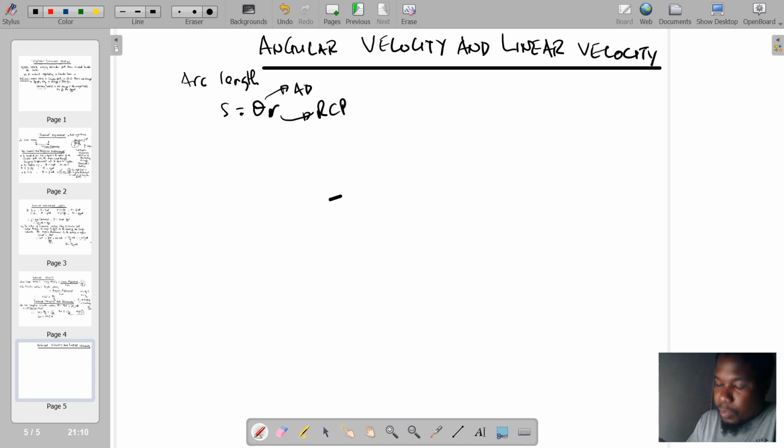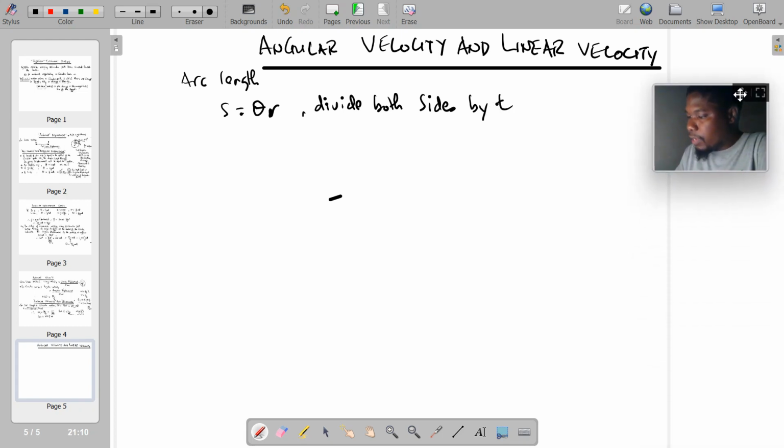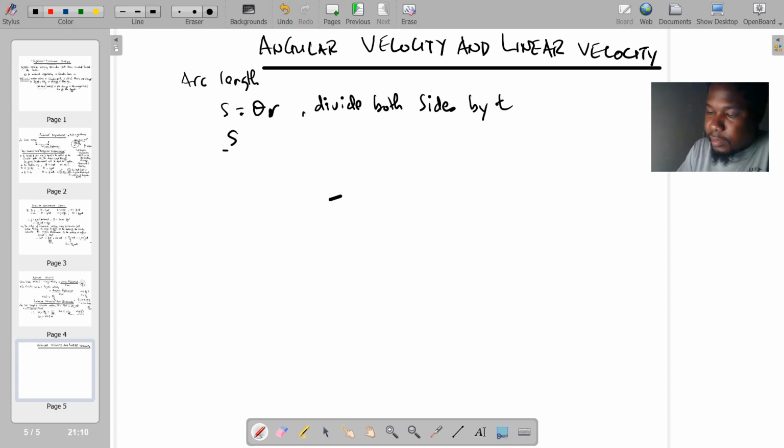Okay, so S is equal to theta times r, let's try to do this. Let's divide both sides by time. If we divide both sides by time, S divided by t will be equal to theta r divided by t.